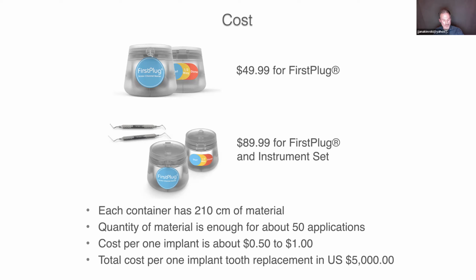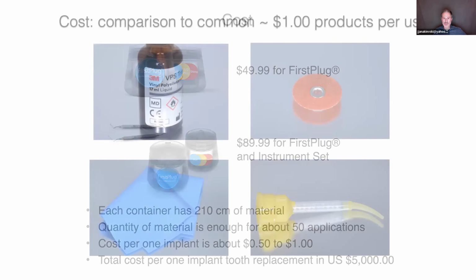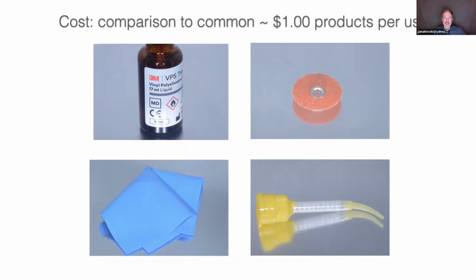But when we were looking at costs of products in our practice, we wanted to be able to compare them. So we can say to dentists, look what else costs you about $1 per use. If you do analog impressions with PVS material, to put the adhesive on your tray, you can see that bottle of adhesive has a certain number of applications.